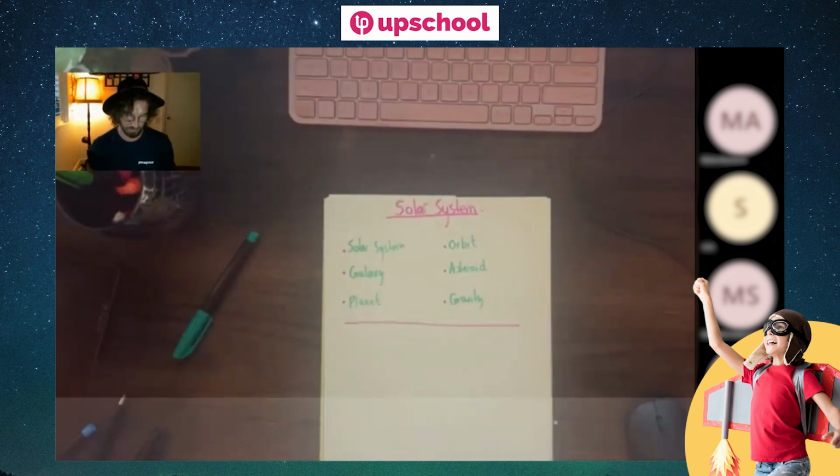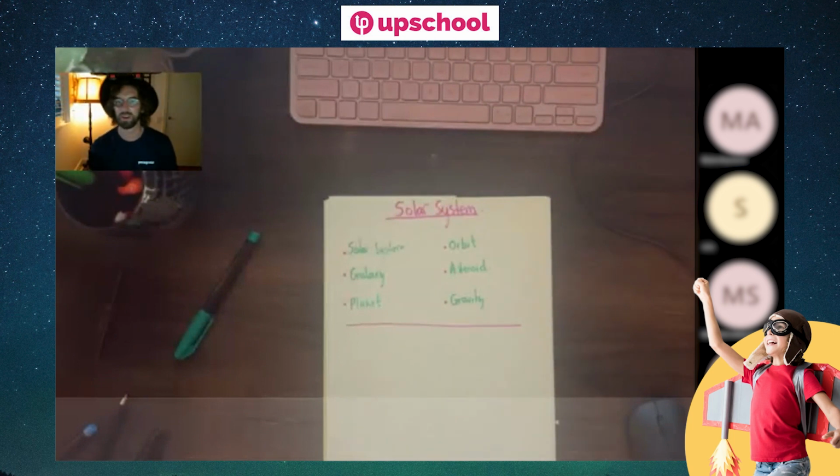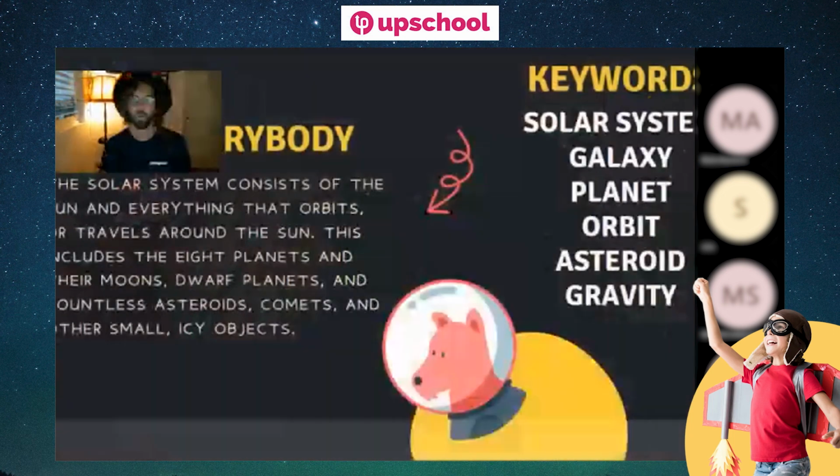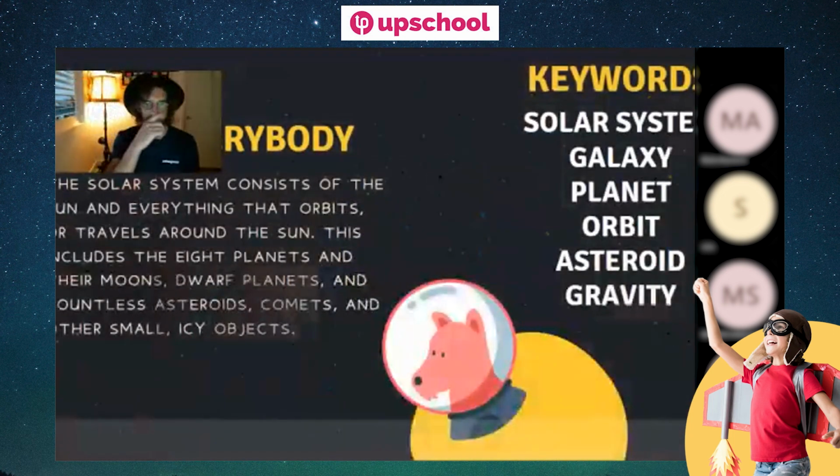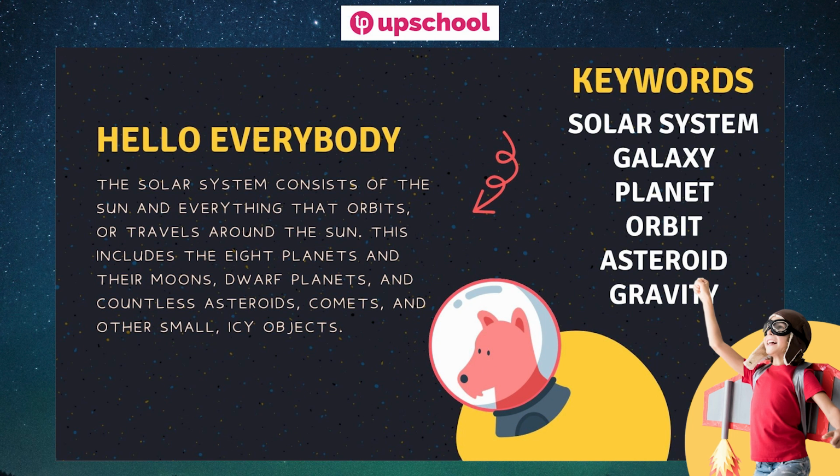So, solar system, galaxy, planet, orbit, asteroid, and gravity. And I promise you that by the end of this lesson today, you will know what all of those things mean. Now you might think, why do I have a dog on my screen? Well, I want you to think about why that is. There is a reason why there is a dog on my screen, and you will find out shortly why.